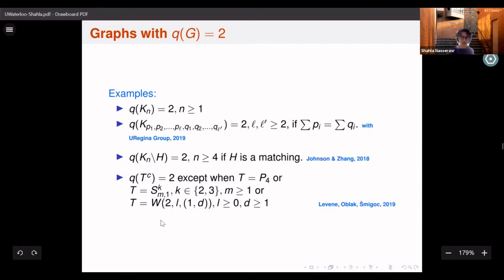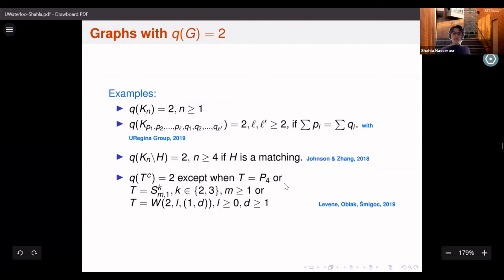I've just listed one more here, by Levin, Oblak, and Šmigoc, who show that Q of the complement of many trees is 2, basically. What do I mean by many?